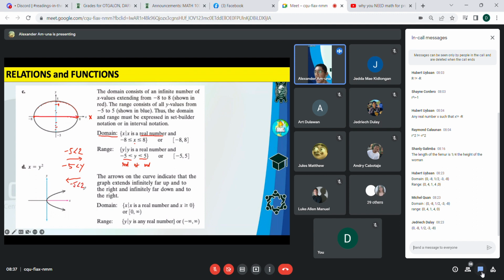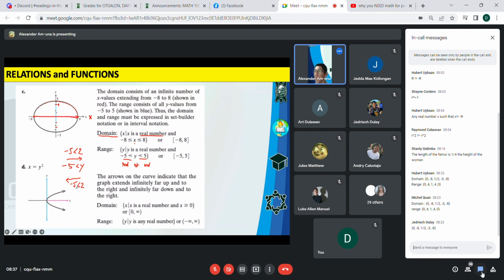So sabihin natin, 2 is less than -5. Mali na, di ba? So the proper way to read it from right to left is to read the opposite of this. 2 is greater than -5.